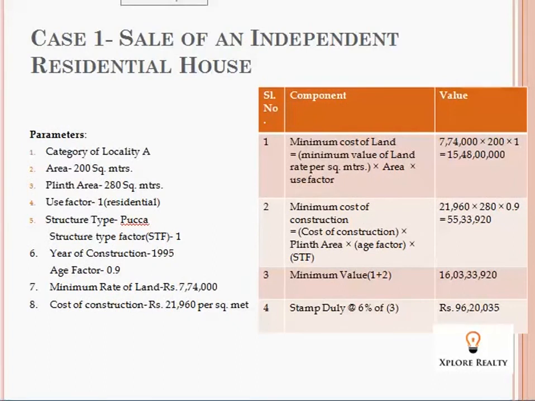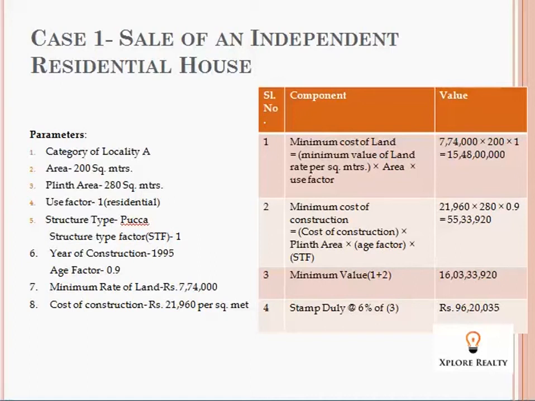First we will calculate the minimum cost of land, which is the minimum value of land rate per square meter into area into use factor. Then we will calculate the minimum cost of construction, which is cost of construction into plinth area into age factor into STF. Then we will add both of them to find the exact value on which the stamp duty is applicable.